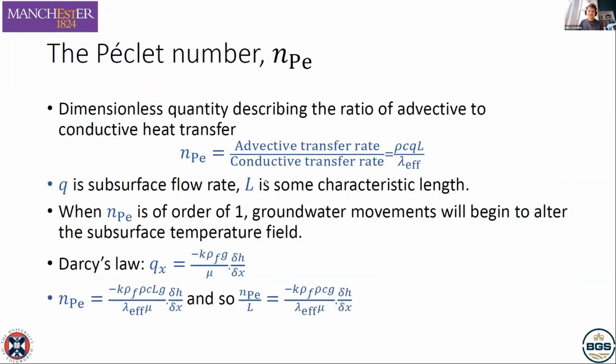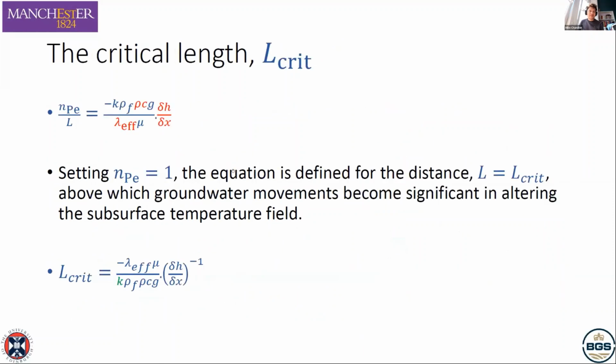Anyway, if I then go about rearranging this equation again, just to get that L value, which is the characteristic length of the system, and then set the Peclet number equal to 1, what you'll have is a value of the characteristic length of the system above which groundwater movements start to become significant in altering the subsurface temperature field. When I do that, I end up with an equation that looks like this.